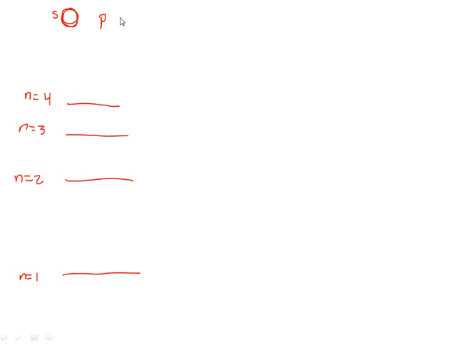We can have s orbitals, which are spherical. We can have p orbitals, which are peanut shaped, and they have 3 orientations, x, y, and z axis. We have d orbitals, and there's 5 of those, kind of shaped like this.